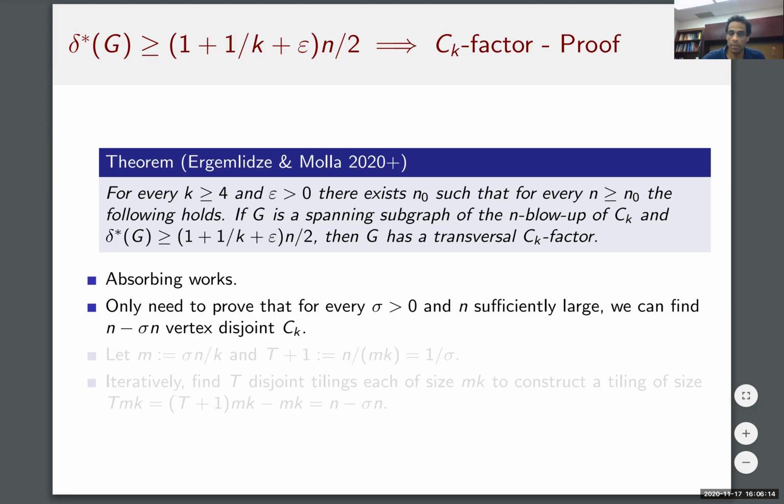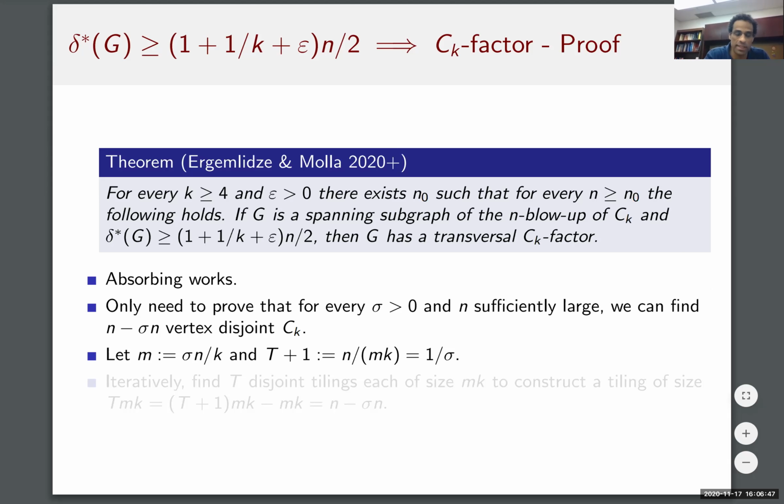And so let me tell you the approach. Now that's all we need to prove. So let's define m to be sigma times n divided by k. I'll assume that n and sigma are such that this turns out to be an integer. It really doesn't matter. You've got some wiggle room with the absorbing method, so losing one or two or a few transversal C_k's doesn't matter at all.